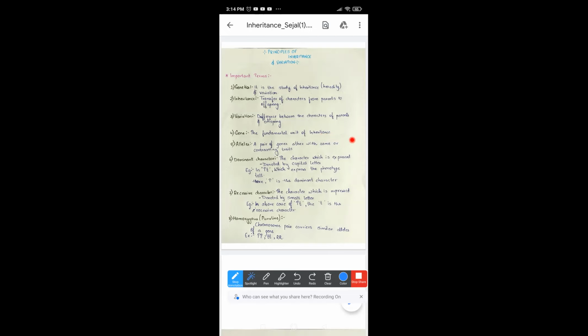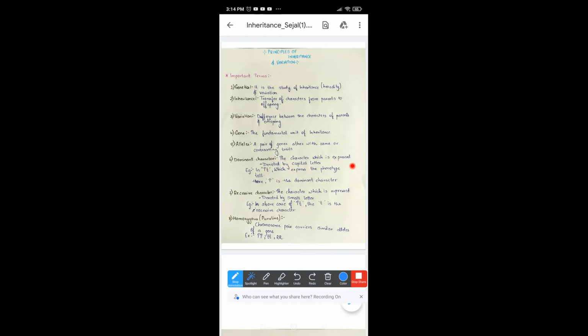Hetero means different. Now, in heterozygous alleles, there are two: dominant character and recessive character. Dominant character is the character which is expressed. It is denoted by a capital letter. I have taken one example, a capital T and a small t, which expresses the phenotype tall.